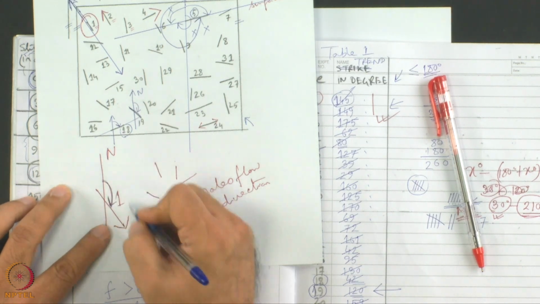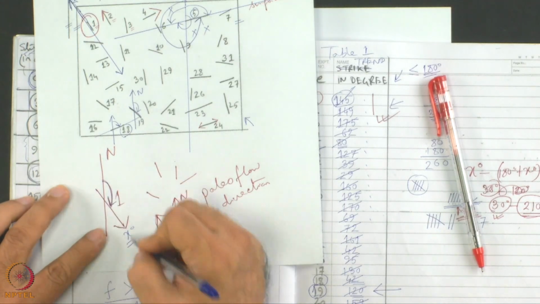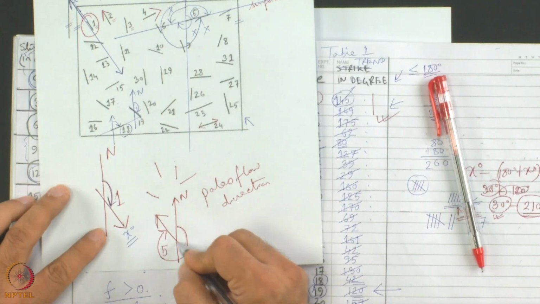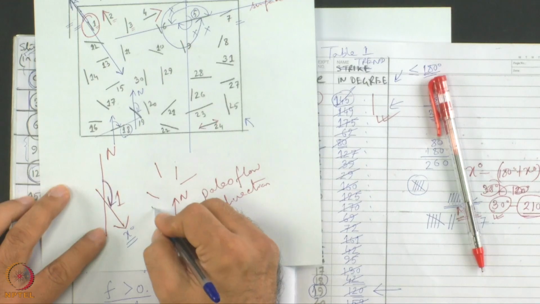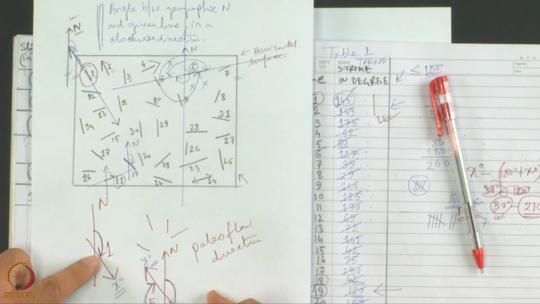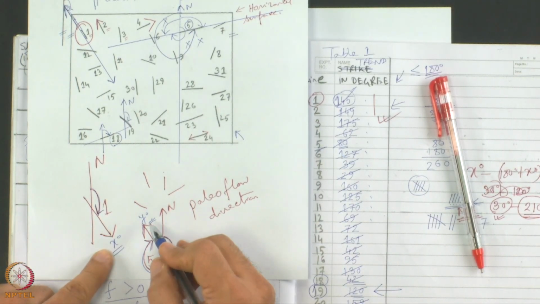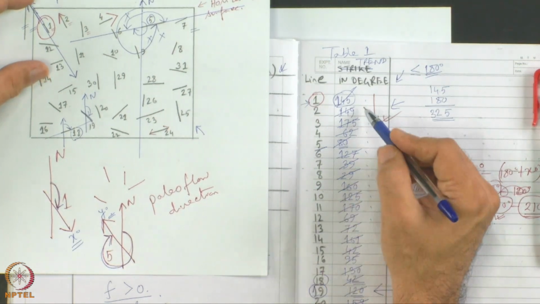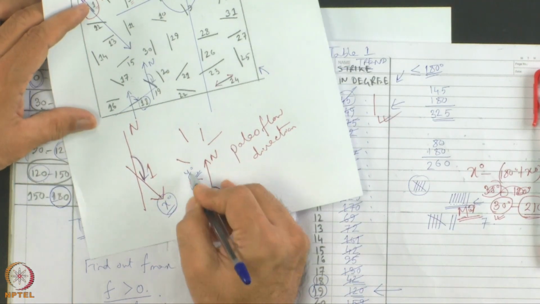That means from geographic north in a clockwise direction, let us say x degree is where the paleo flow or the paleo movement has happened. And in this case line 1 and line 5 are parallel to each other, but the flow has been in this direction. So, from geographic north I have to take this obtuse angle, that this y degree angle is important. So, even though line 1 and 5 are parallel to each other, the geographic directions are 180 degree apart, and in that case instead of taking clockwise from north direction and the lowest number, I have to take exactly the x degree and the y degree.